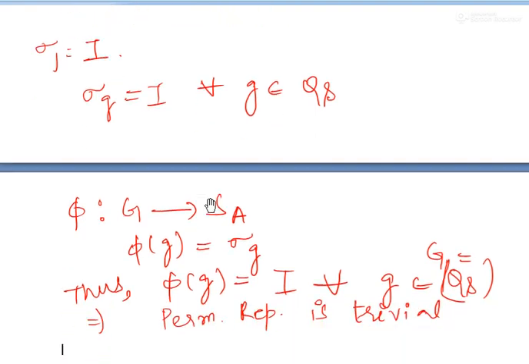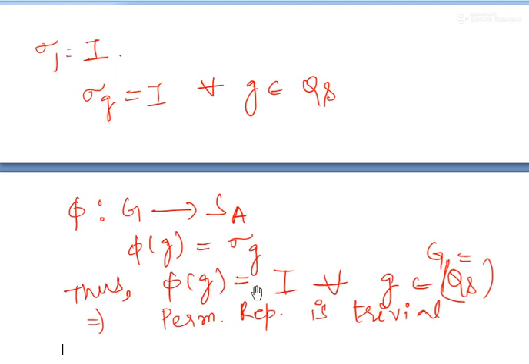So the permutation representation homomorphism phi from G to S_A maps G to sigma G, and we have found that sigma G is the identity for every G belonging to Q8. That means phi of G is equal to sigma G, which is the identity. So every element of G is mapped onto the identity. There are so many elements and all the elements are mapped into one element, which is the identity.